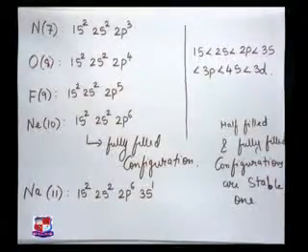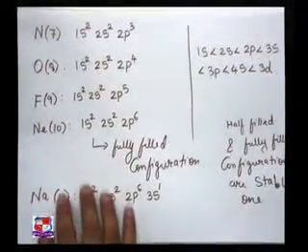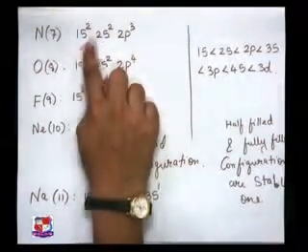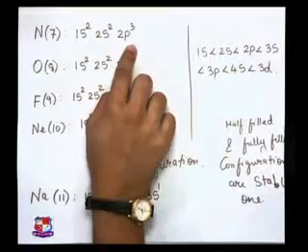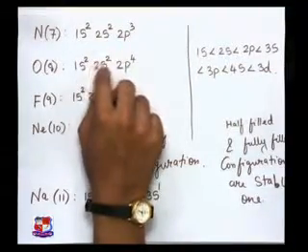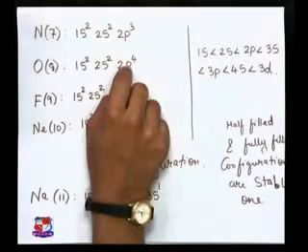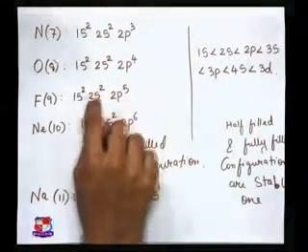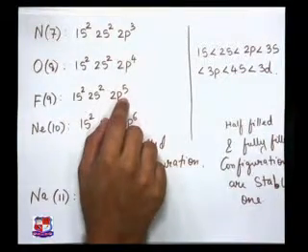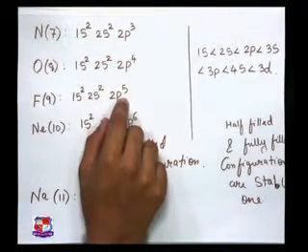Now look at nitrogen: 1s2, 2s2, 2p3. Then oxygen: 1s2, 2s2, 2p4. Then fluorine: 1s2, 2s2, 2p5. How many electrons can I keep in the p orbital? 6 electrons, so I can proceed up to 6.